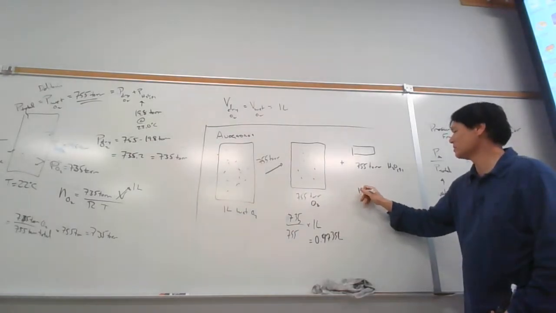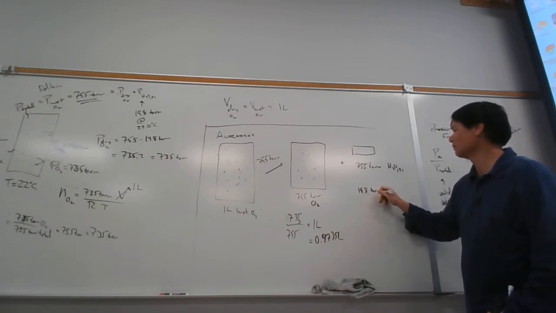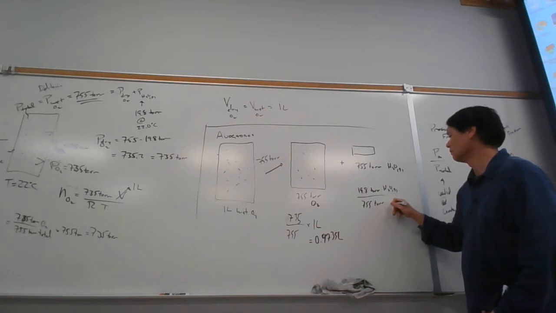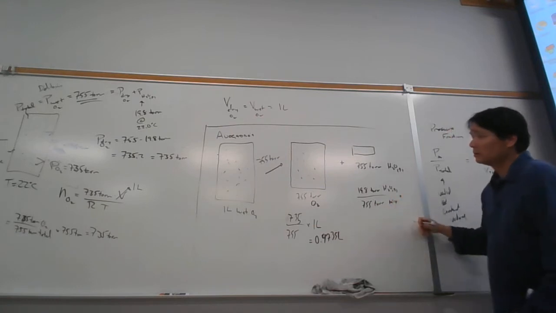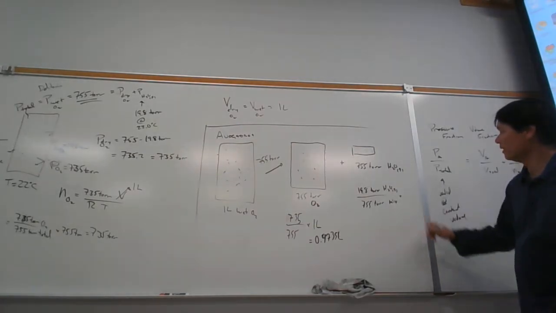The pressure fraction is going to be 19.8 torr of water vapor over 755 torr total, times the volume, 1 liter.